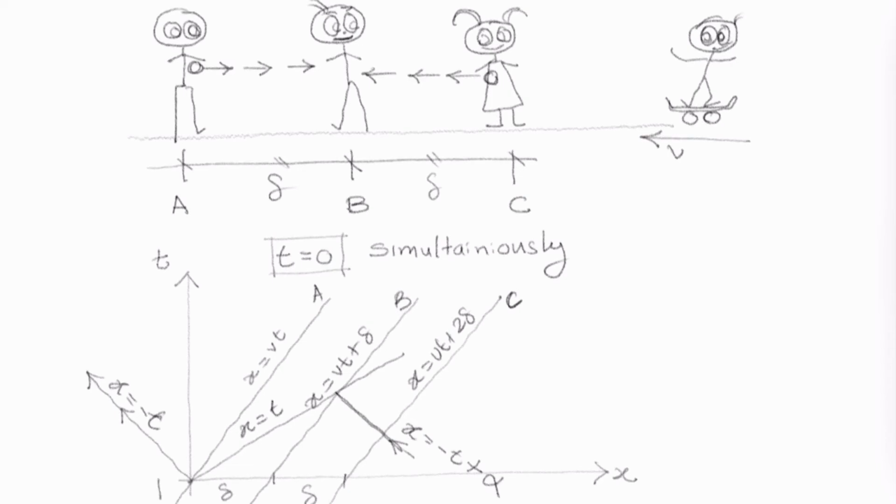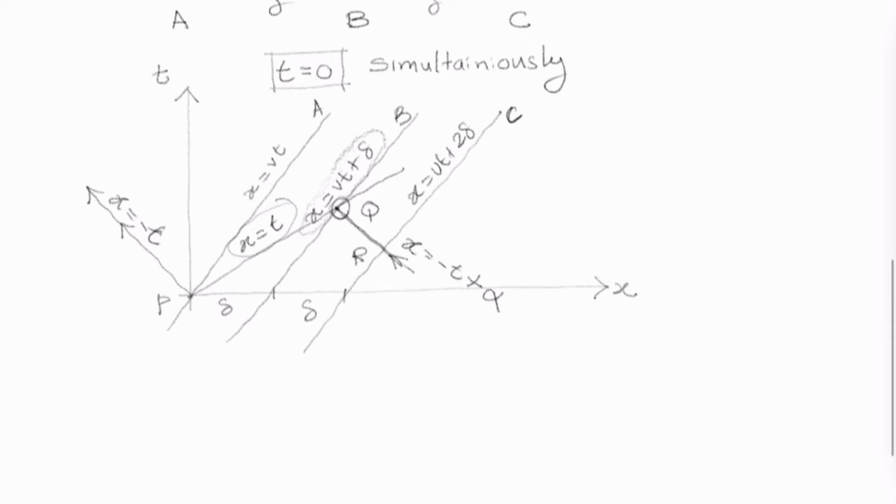So that light ray is x equals minus t plus alpha. Let's name these 3 points P, Q, and R. If you look at point Q, x equals vt plus delta and x equals t meet here. So we can solve for the coordinates of Q.